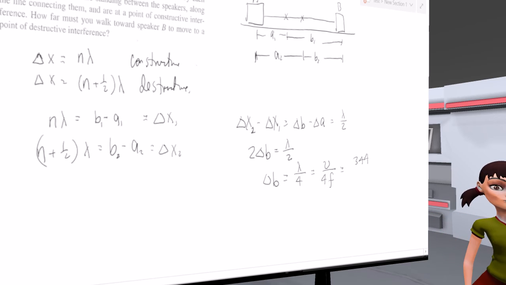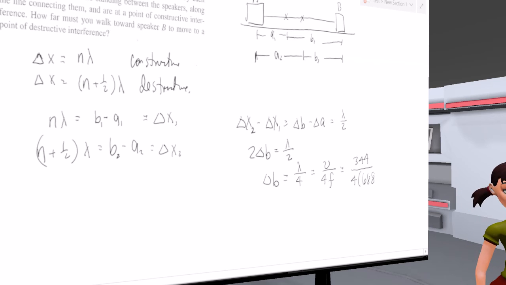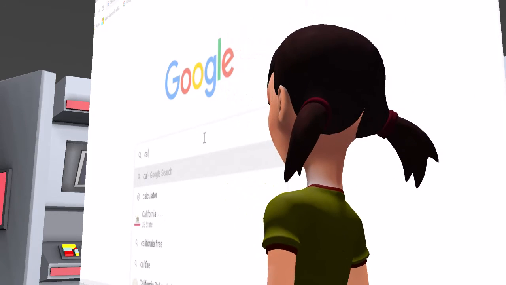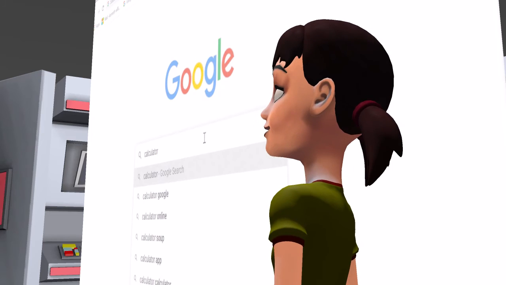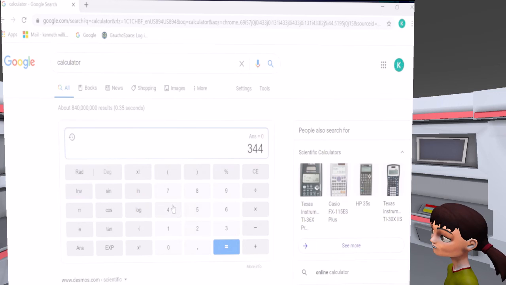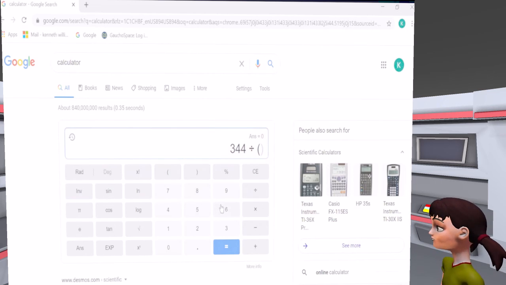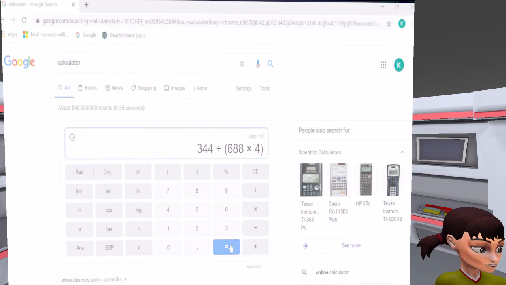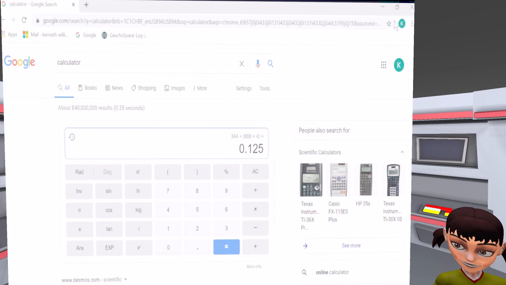So it's 344 divided by 4 times the frequency, 688, and what is that? 344 divided by 688, I think, times 4 equals 0.125 meters. That should be the answer.